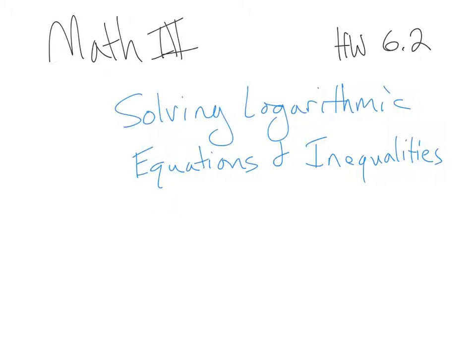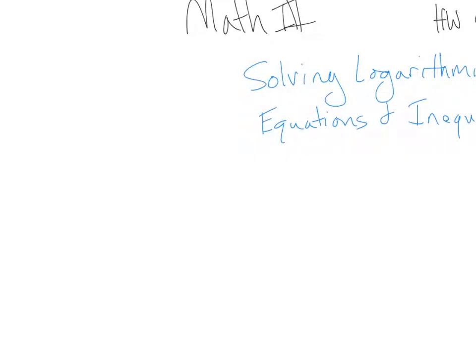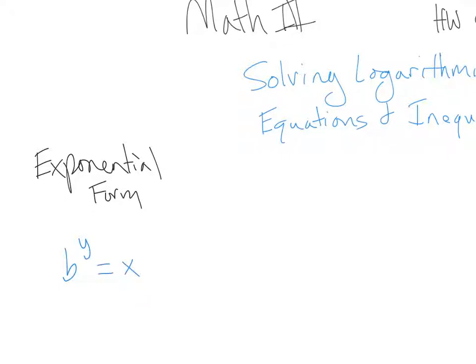Looking to help out Math 3, this time with homework 6.2, and today our focus is solving logarithmic equations and inequalities. Before we go forward, let's take a step back and quickly remember the two different forms. First, we've got the exponential form, and that looks something like this. You've got your base b raised to the y power equal to x.